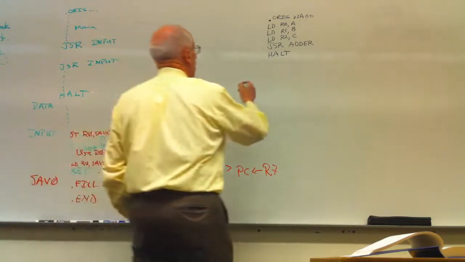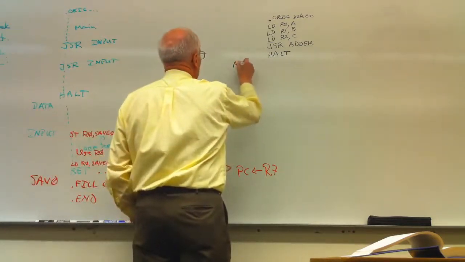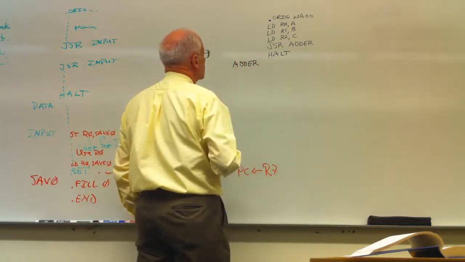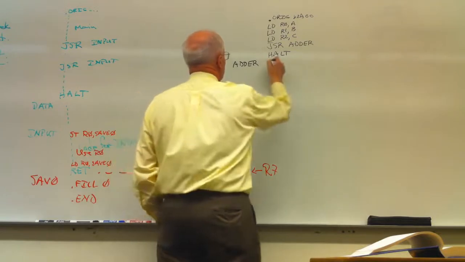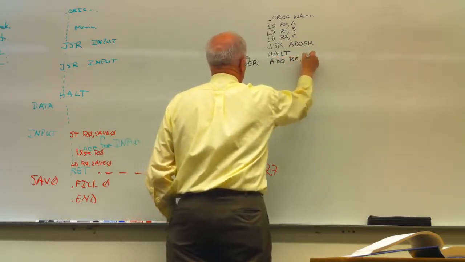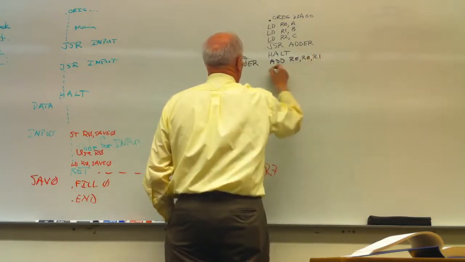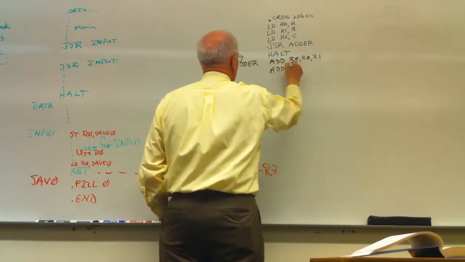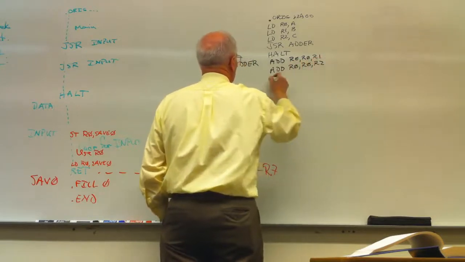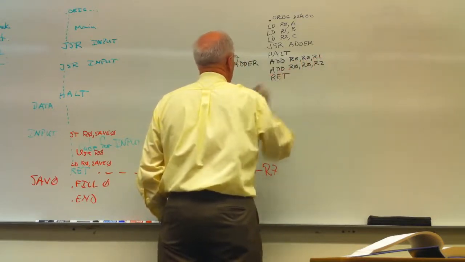This isn't going to be very long, so I'm going to do my adder routine here first. Add R0, R0, R2, return.